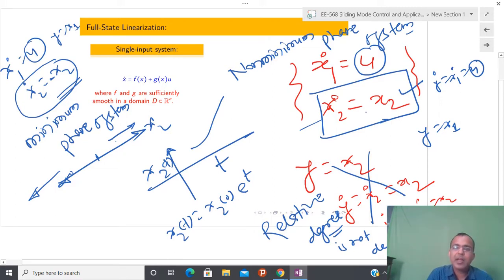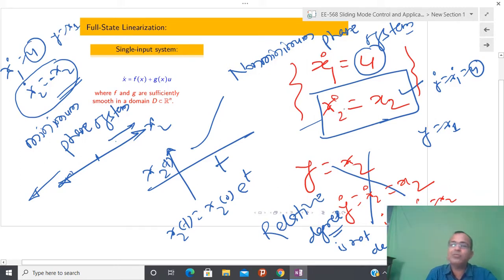Sometimes, if the non-minimum phase system is slow enough and I am only working up to some limited time, then I can say that in this meantime the state is not going to blow up, and in that way I am able to control it.